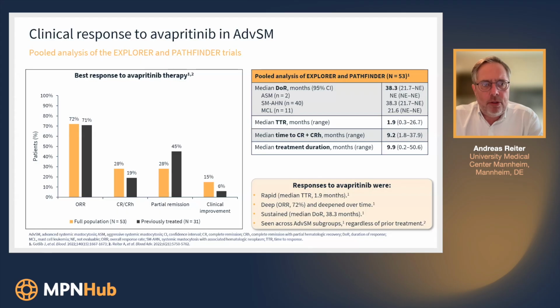An overall response rate of 70%, complete responses in about 30% of patients who are treatment naive, partial responses also in 30% of patients. But you can also see that even previously treated patients had these responses. Complete responses seen in 20% of patients and partial responses in 45% of patients.